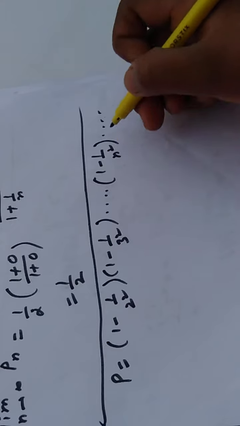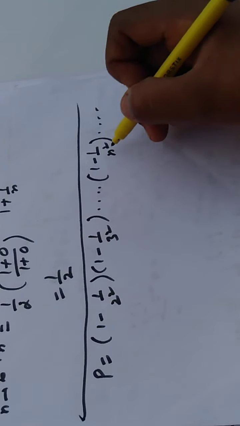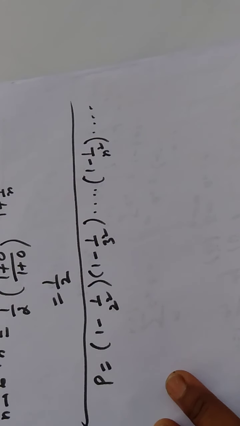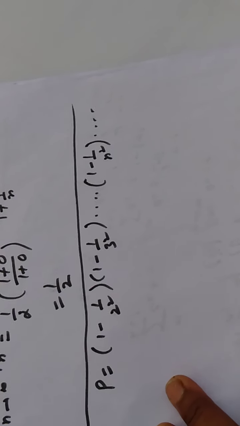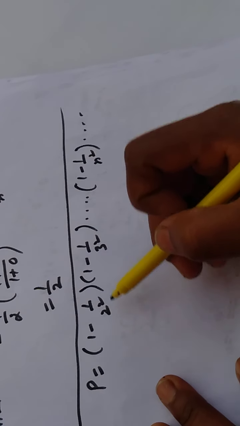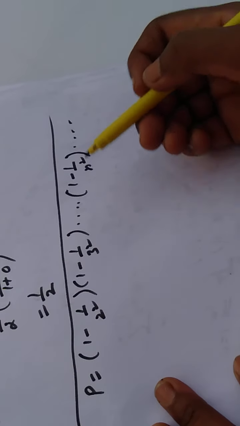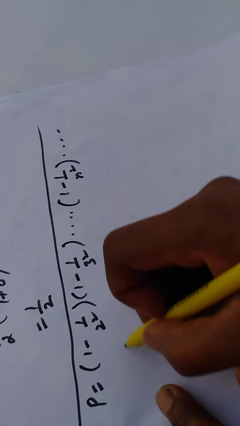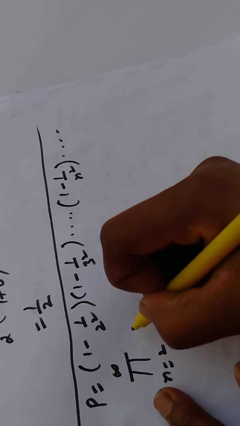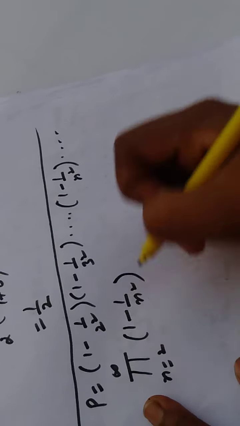This is the (n minus 1)th term. If you want to write the (n plus 1)th term, it will be 1 minus 1 by (n plus 1) square. See, the first factor has 2, the second factor has 3, the third factor has 4. So if I start the product from n is equal to 2 to infinity, it will be 1 minus 1 by n square.